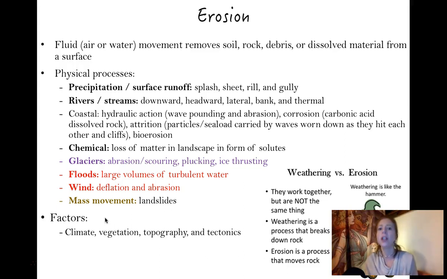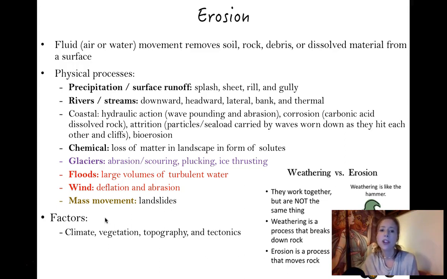We get attrition, those particles, sea load carried by waves, worn down as they hit each other and cliffs. You can also get bioerosion, so you can get materials carried away by animals, right? Then we have some chemical erosion, so that's loss of matter in the landscape in the form of solutes.